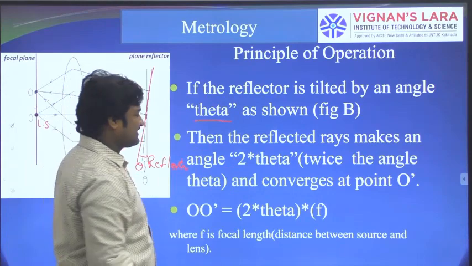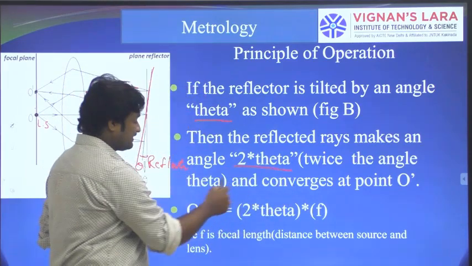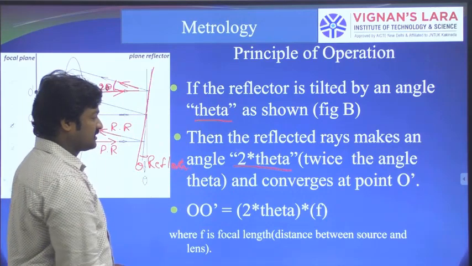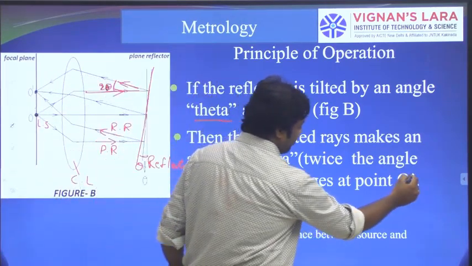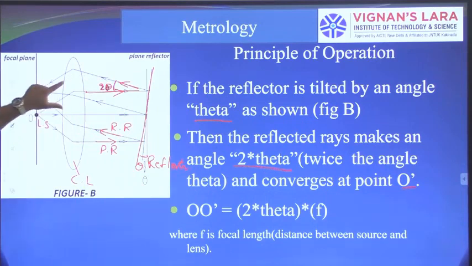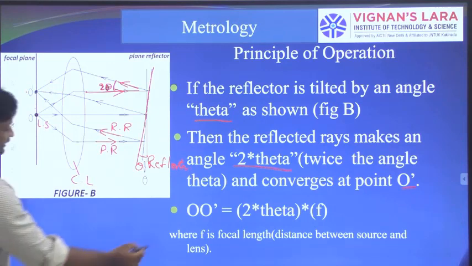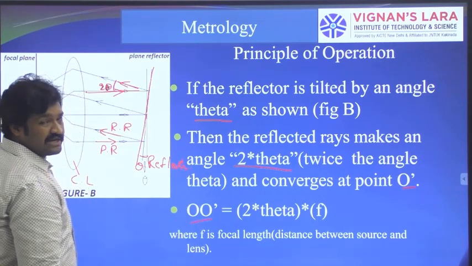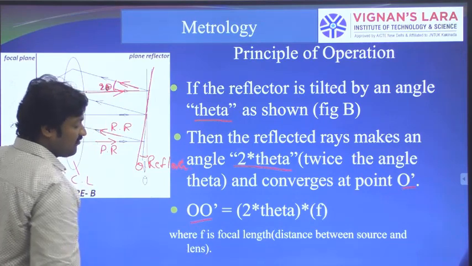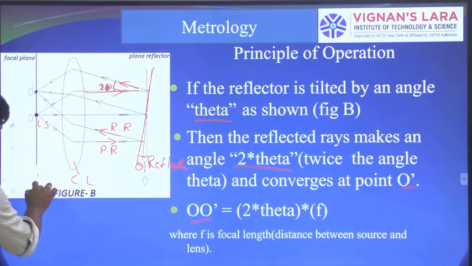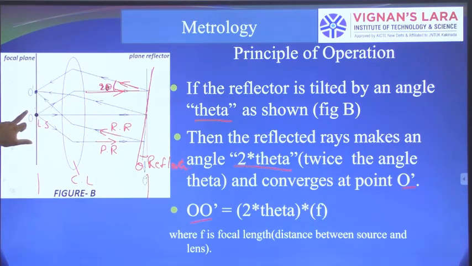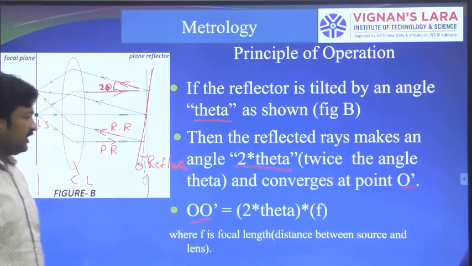The reflected rays make an angle of 2 theta, twice the angle of theta, and converge at a point O dash. Here the distance of O dash equals 2 theta into F, where F is the focal length.